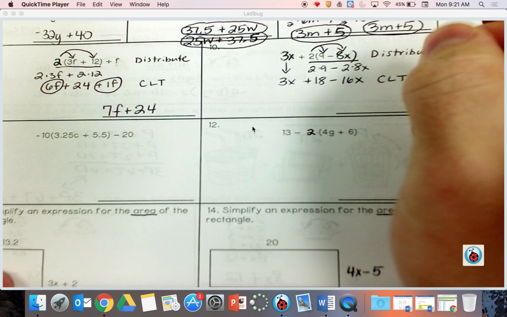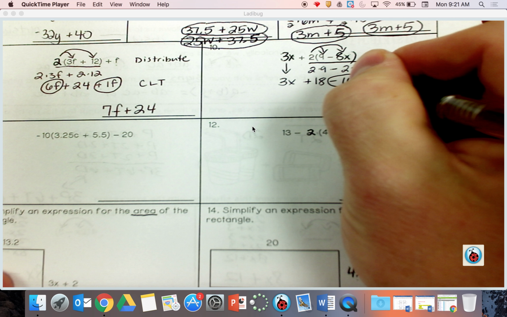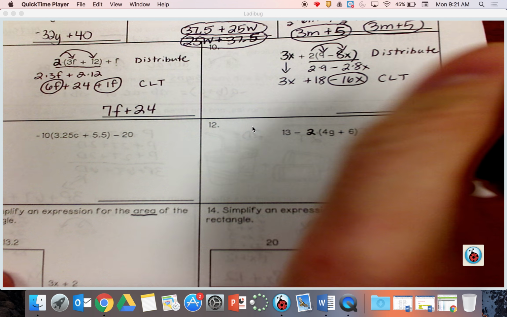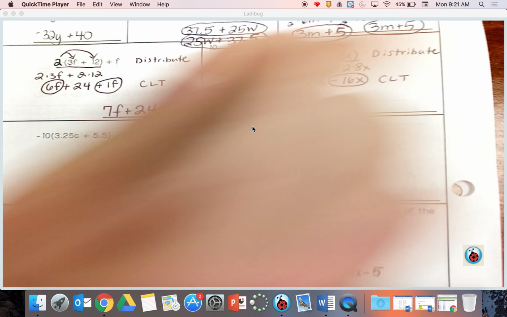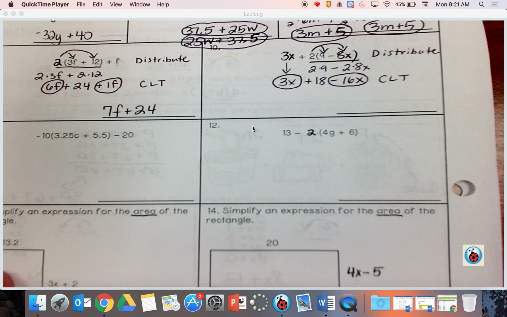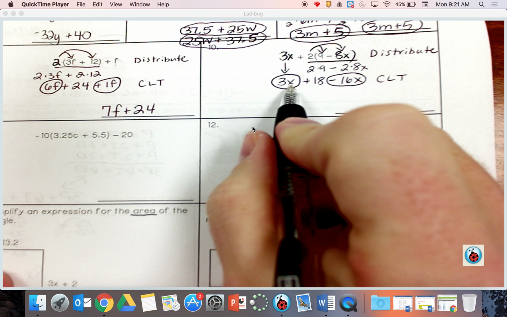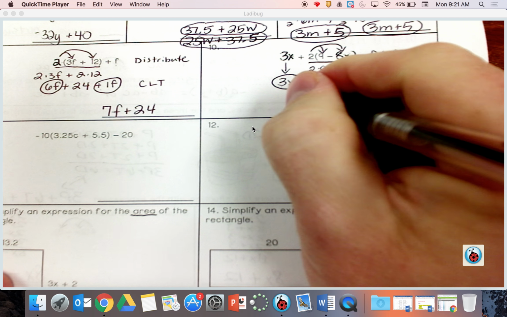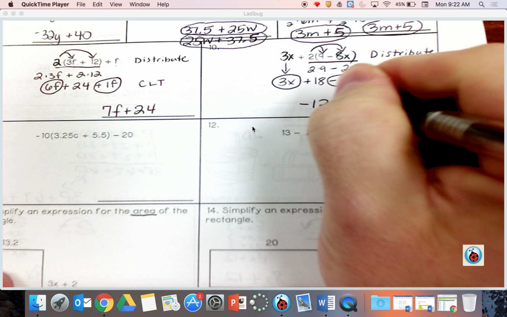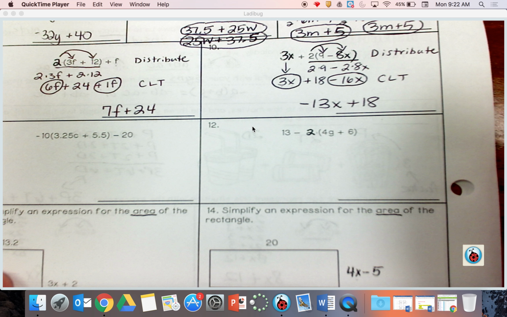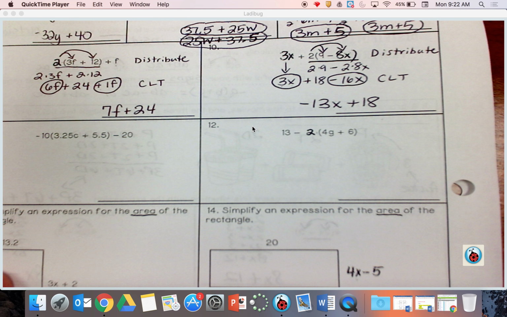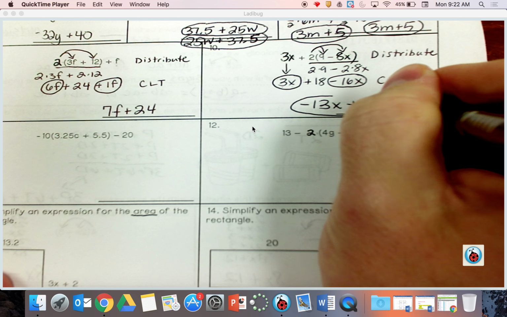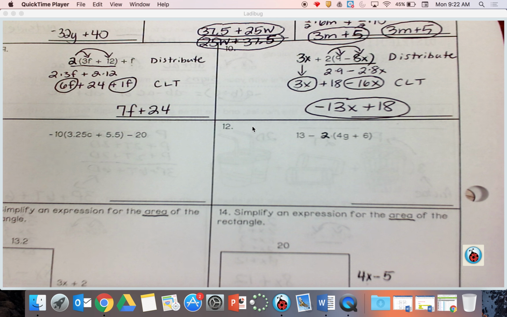So I'm going to combine my like terms. I've got my negative 16x, and I'm going to combine it with my like term of 3x. What happens there, I have 3x take away 16x, which leaves me with negative 13x plus 18. Okay, and there it is, simplified all together.